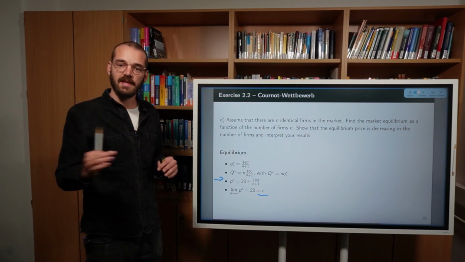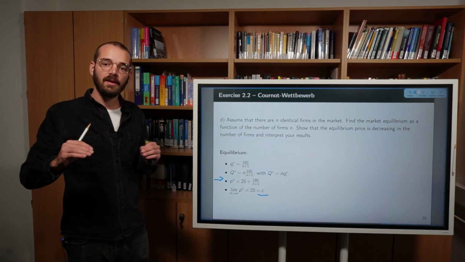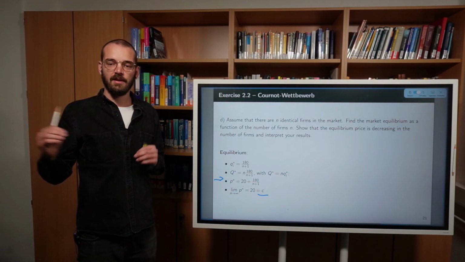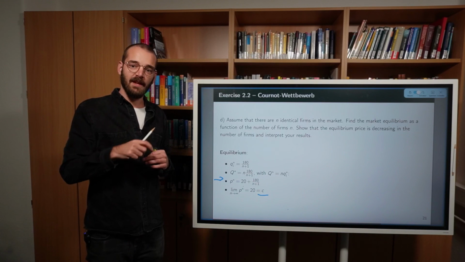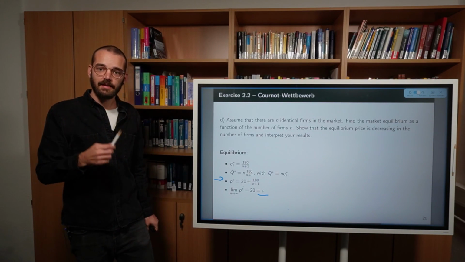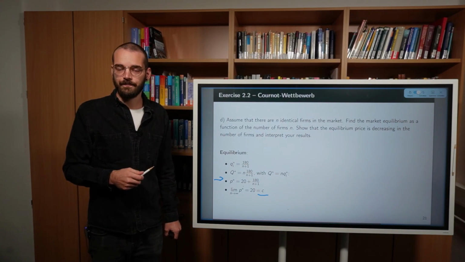Or in other words, as n increases, the price will approach marginal costs from above. So that in the limit, if n takes very large numbers, we will have a result that resembles or is exactly equal to perfect competition.